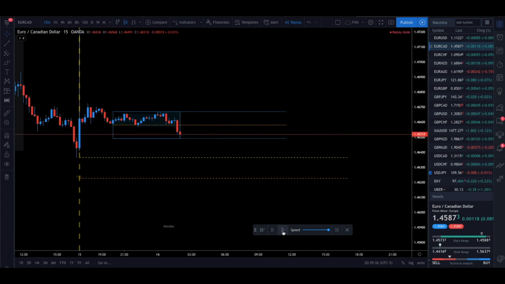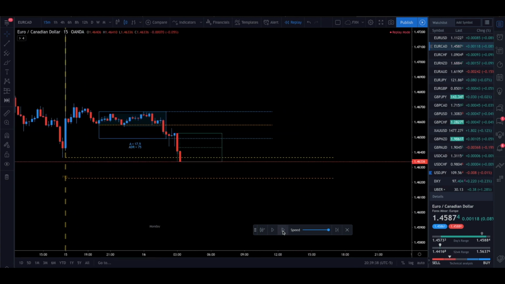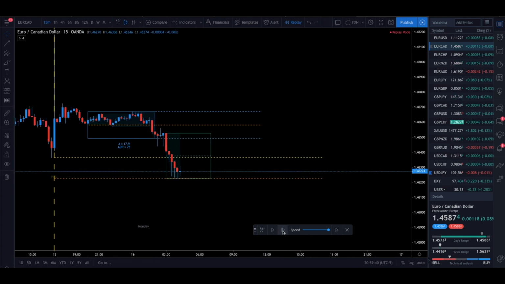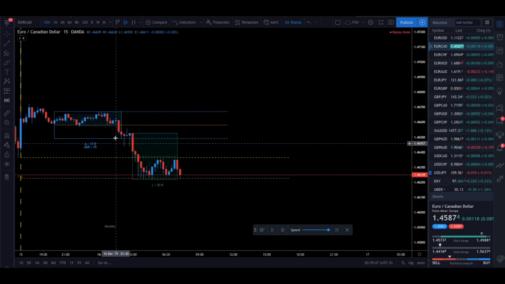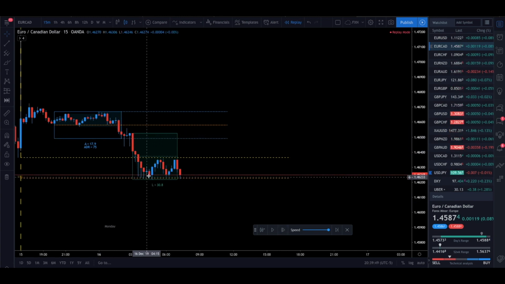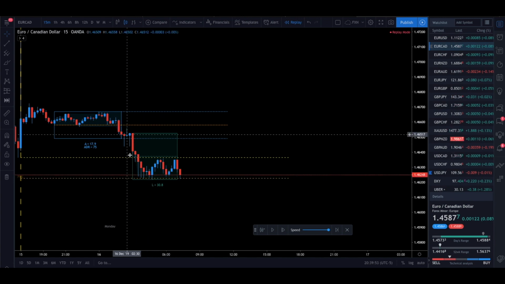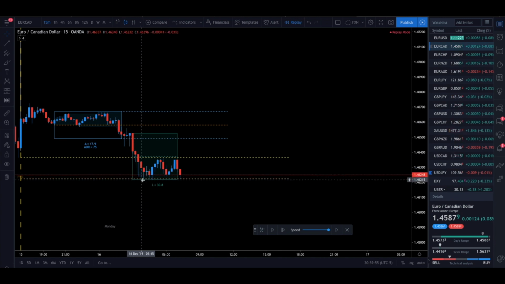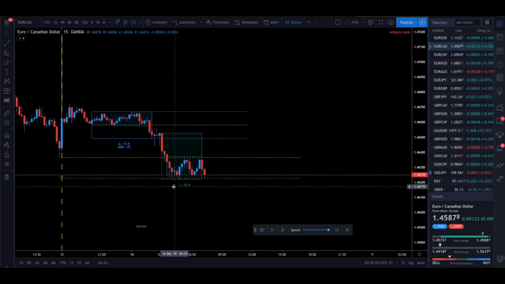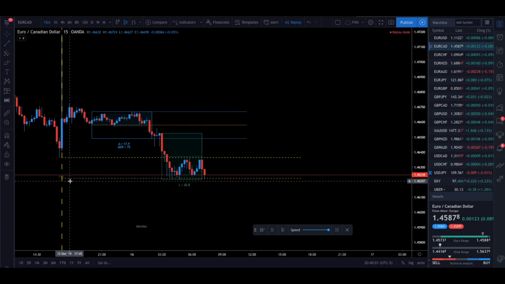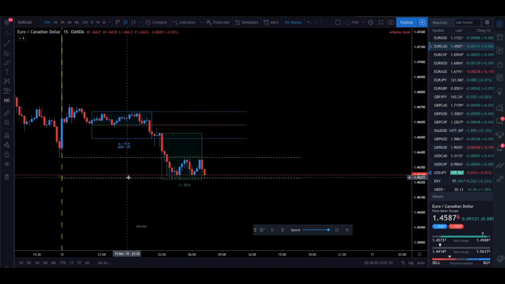All right, so again, as we play this, you'll see essentially what happens is that we go straight down, and you can see we get the first leg here, we come back up, come back down, retest it again. You see how the low stays protected. Now also this orange line here just happens to be previous week's low.